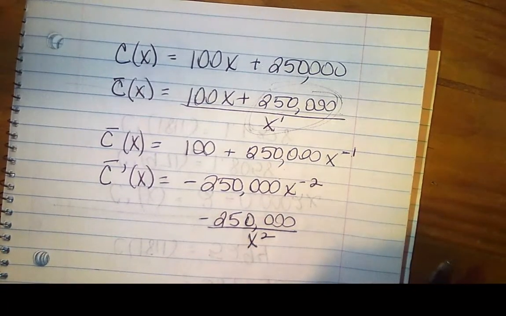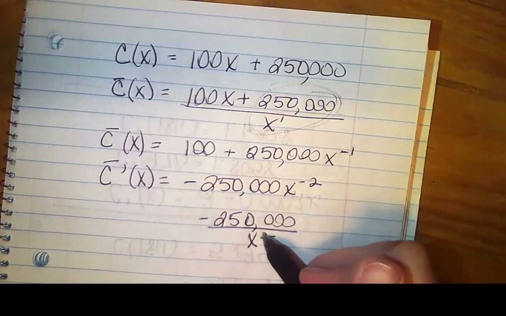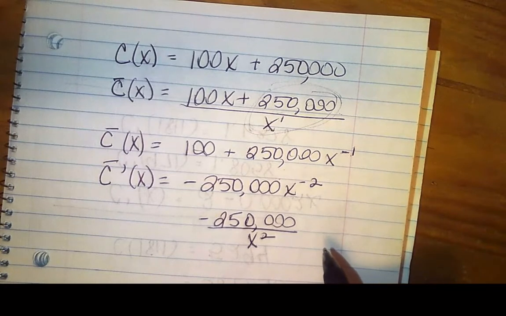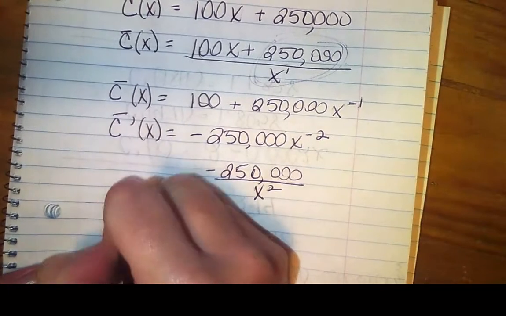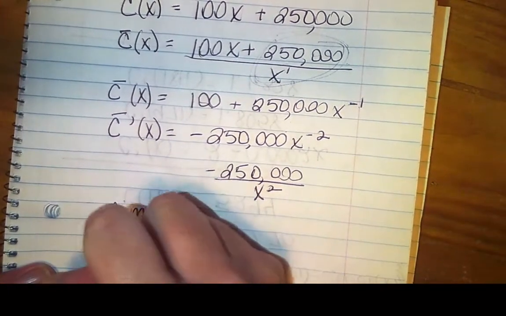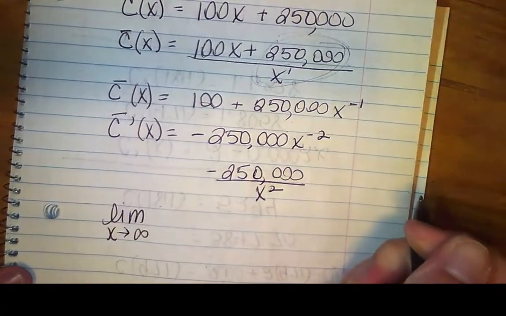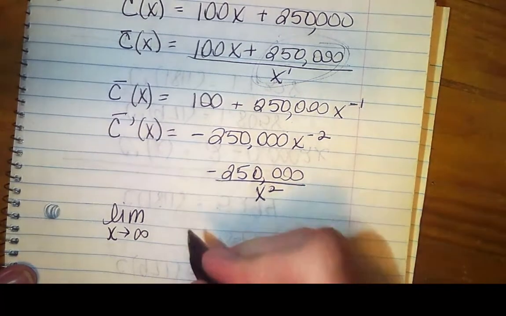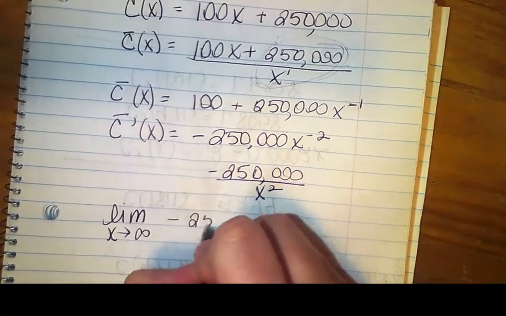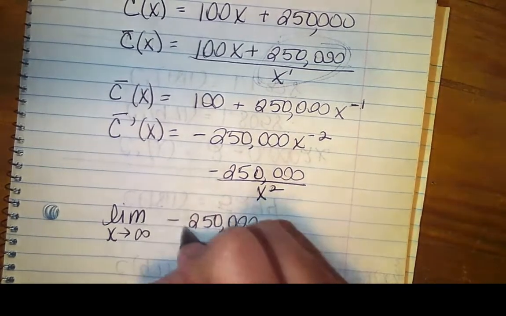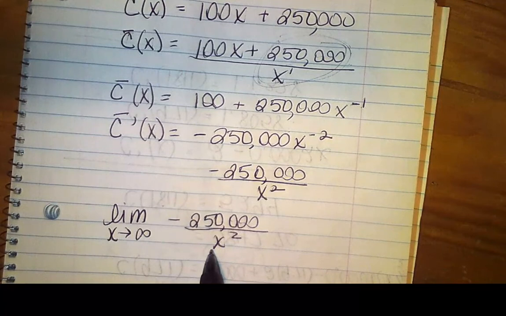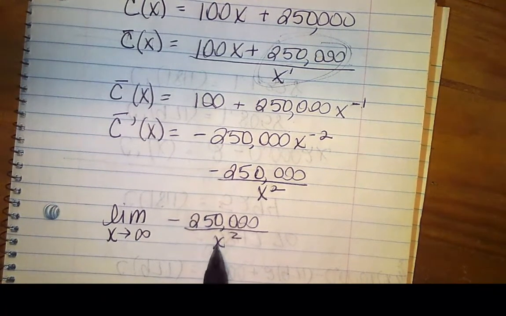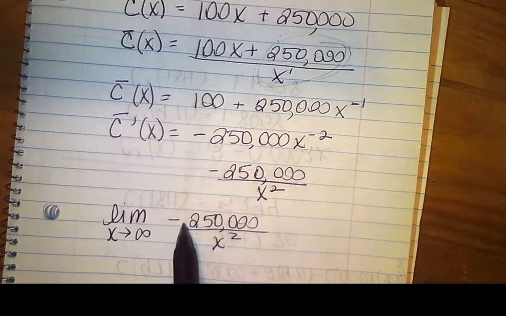So what happens to the limit of this thing as x gets very, very large? If I want to take the limit as x goes to infinity, effectively, I want to know the limit of this thing. If I shove in numbers, these are going to get bigger and bigger, but this is going to stay the same.